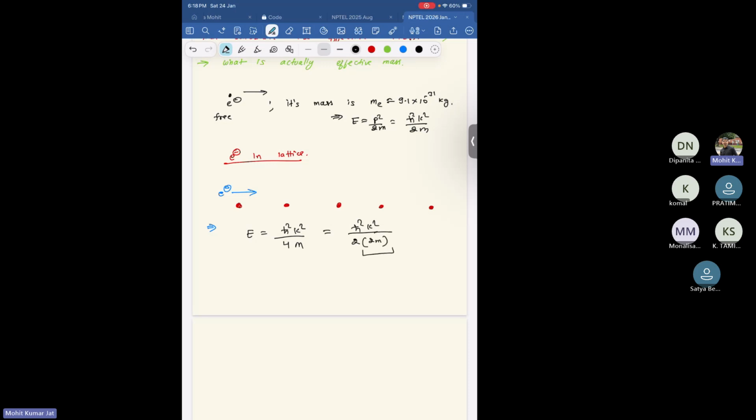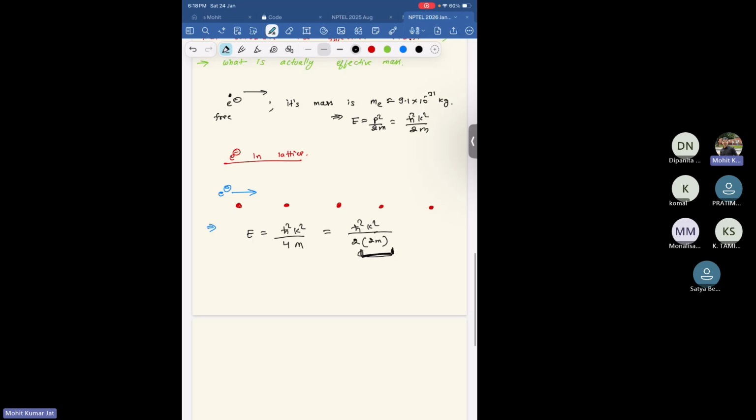So your effective mass basically, which the electron will now feel in the system in the presence of the external forces. You can still model your system as the free particle, but you know that your electron is not free. Now it's confined in the lattice. And in that case, if you want to understand the physics of that electron in form of the free electron model, then you will have to assign a mass which should be equal to 2m.